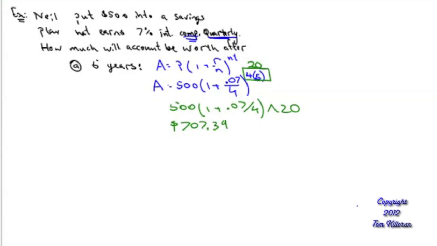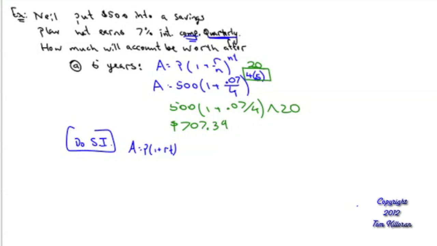All right. Now the second part of this is to do simple interest on this. What if this was a simple interest loan? Just curious, would he earn $200? Let's find out. A equals P times the quantity 1 plus RT. That's the simple interest formula.